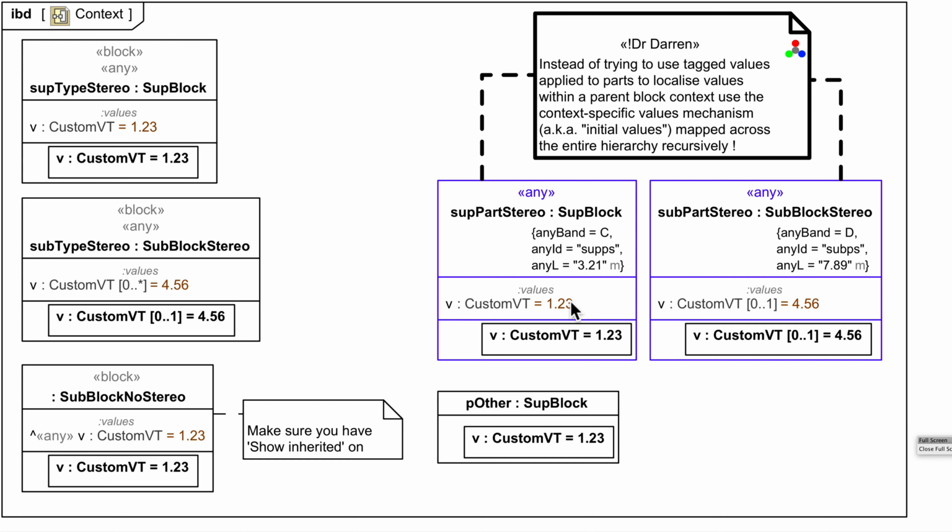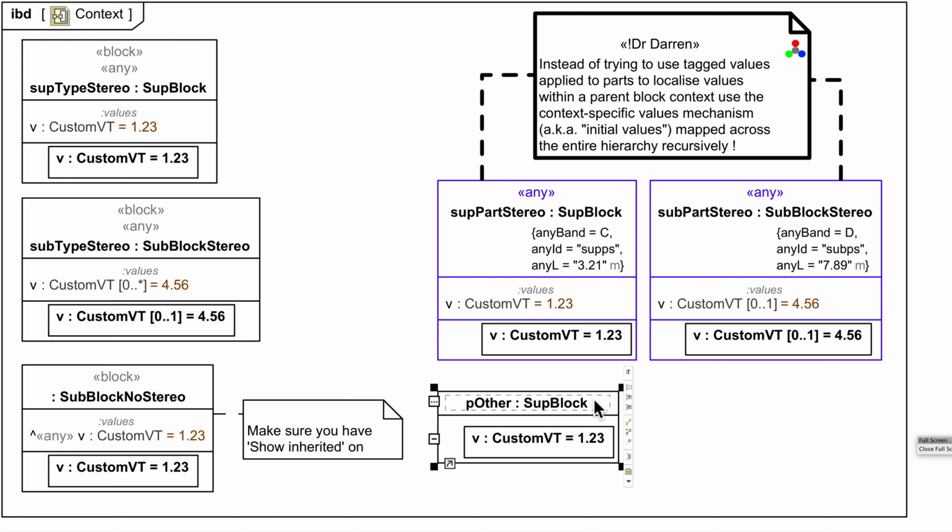That default value will apply to both this part and to this part. I've created another part there so we can see and compare. We might wish that value to be different within this context block for the two parts, other than the default.